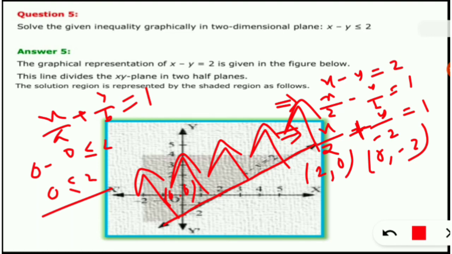Clear? But remember that this line is continuous, meaning the points on this line are also included. Next, question number 7.